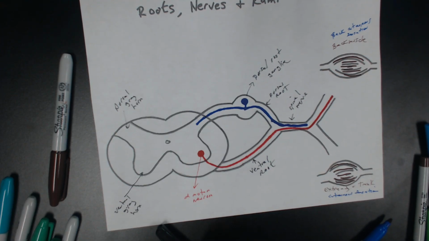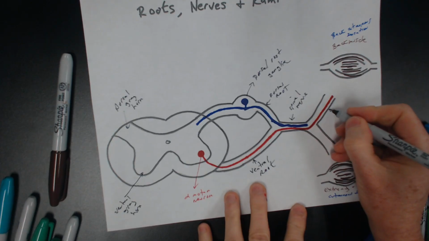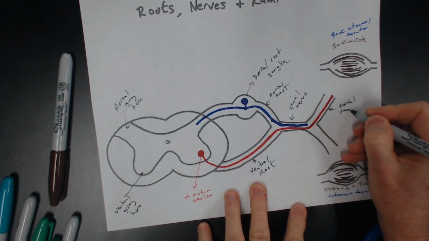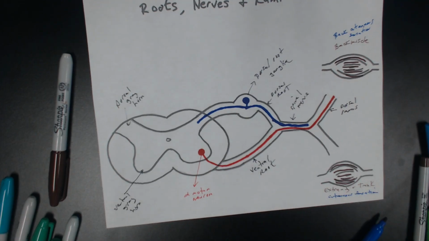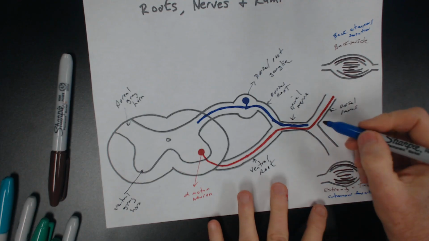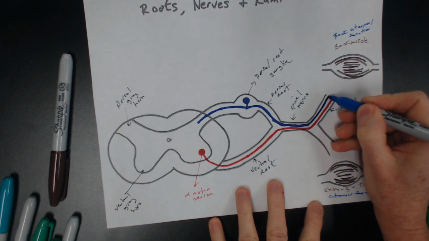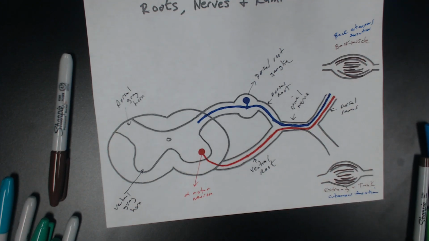That structure is known as the dorsal ramus. Similarly, if there's sensory information coming from back musculature or the area of the back, cutaneous sensation, then those dendrites are going to travel through the dorsal ramus.